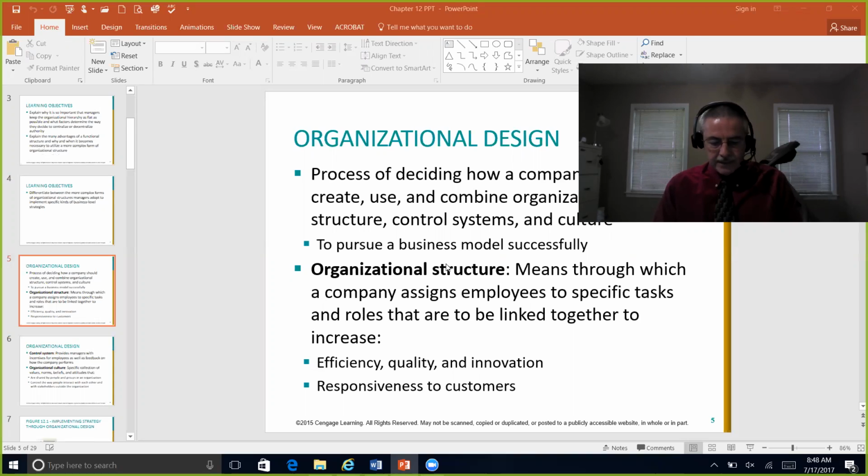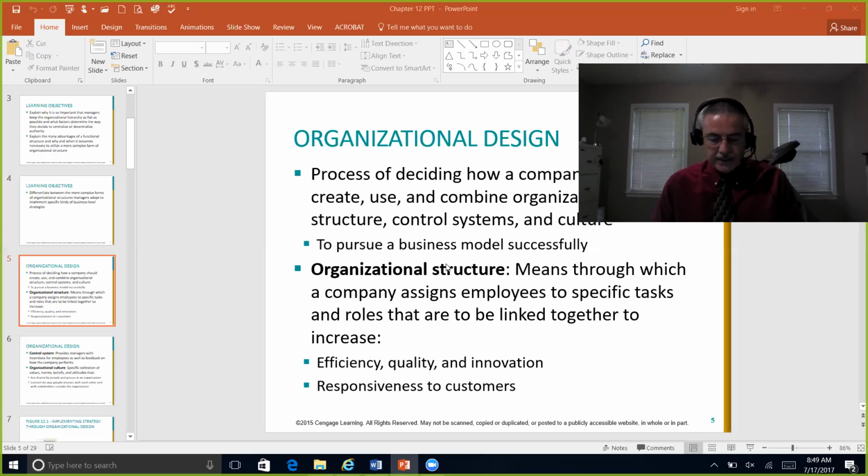It's really a chapter that examines how managers can go about best implementing their strategies through organizational structure, as well as developing a culture that's going to aid it in competing in today's worldwide economic community that we're so involved in today. So let's talk about organizational design, starting over on page 397.